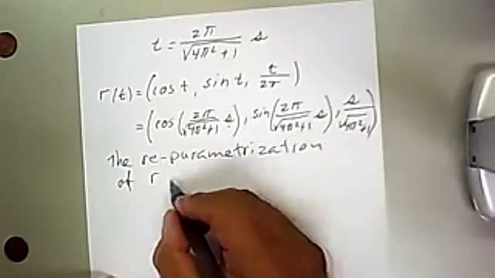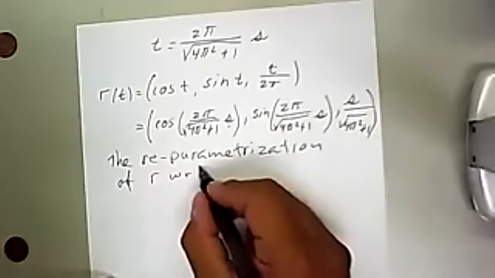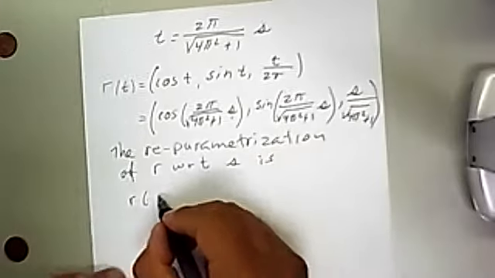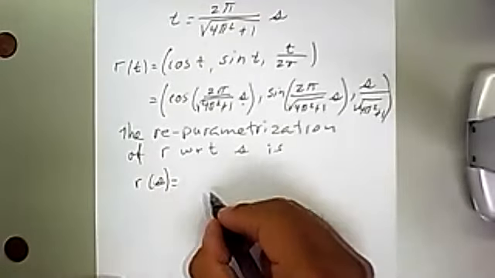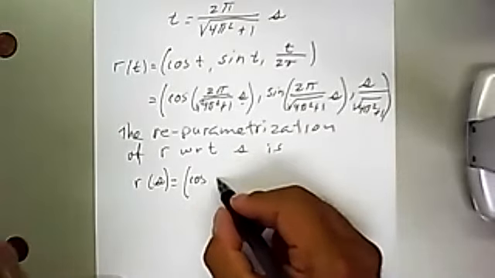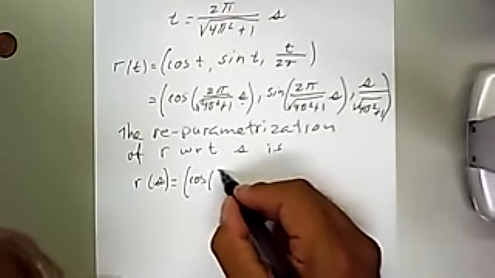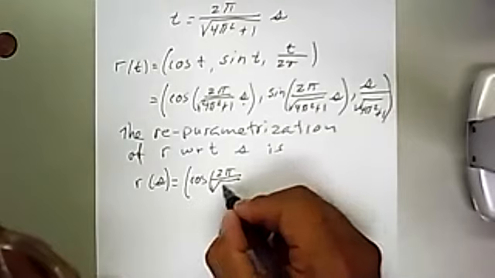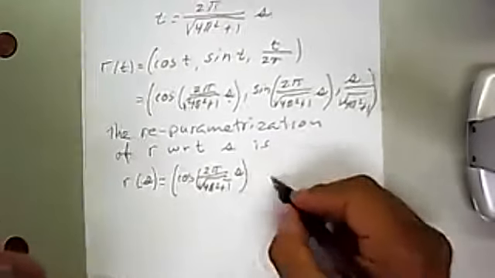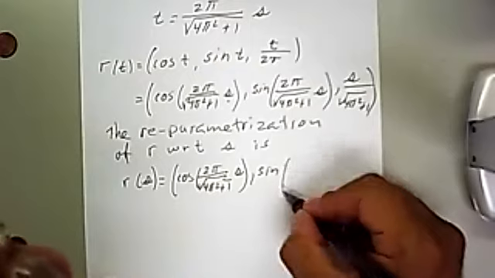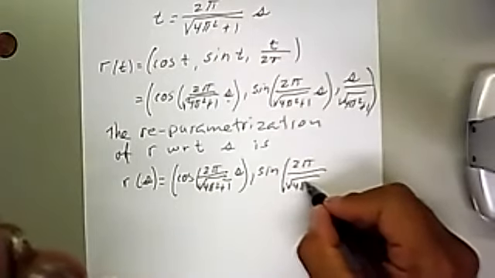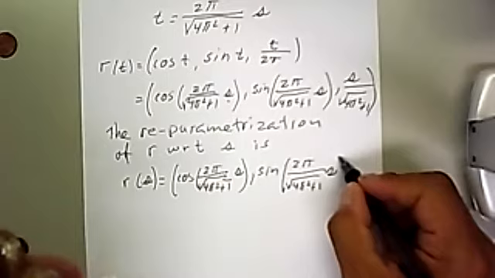The reparametrization of r with respect to s is r of s equal to the vector: cosine of 2 pi over the square root of 4 pi squared plus 1 times s, comma, sine of 2 pi over the square root of 4 pi squared plus 1 times s.